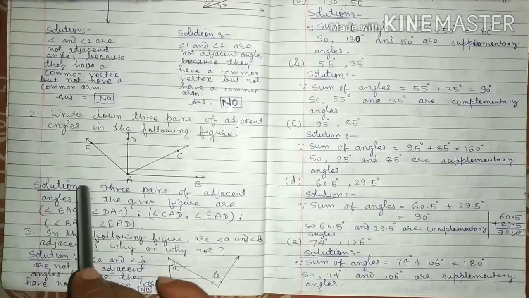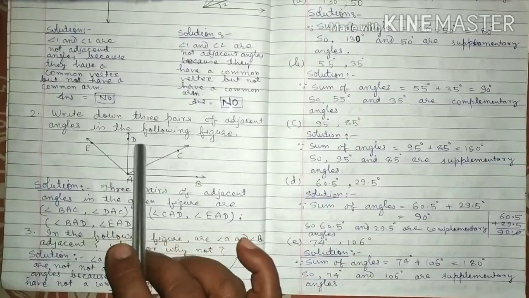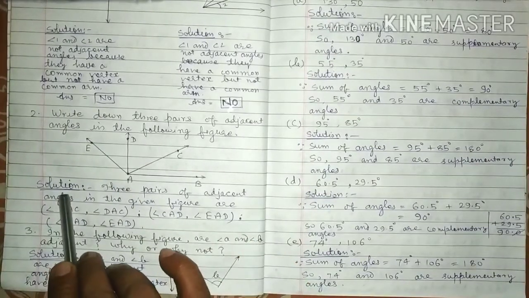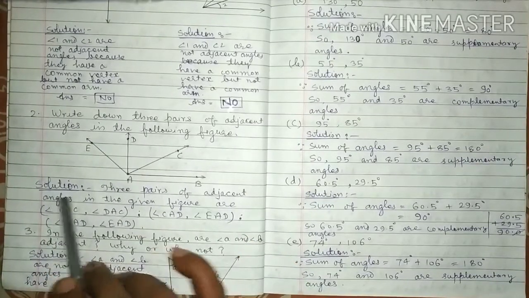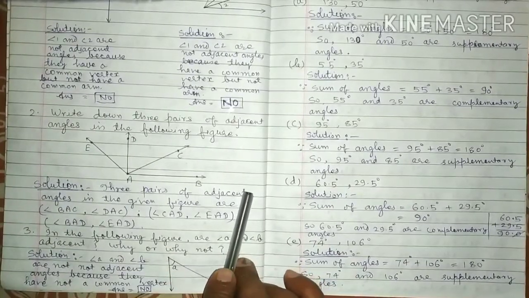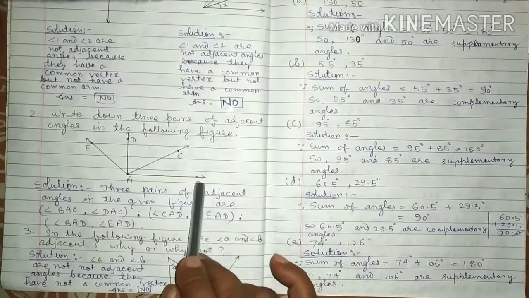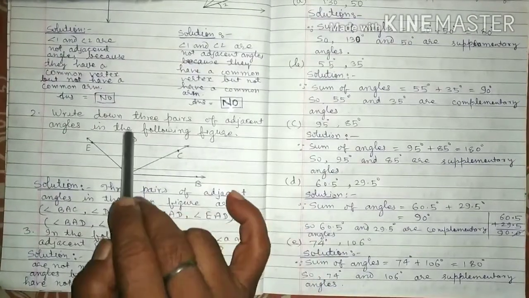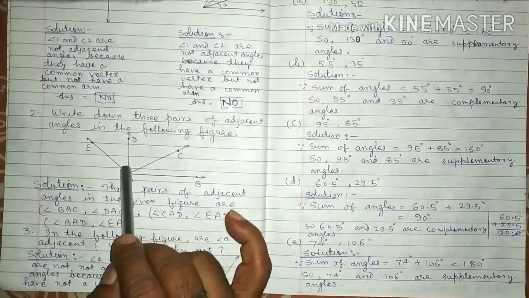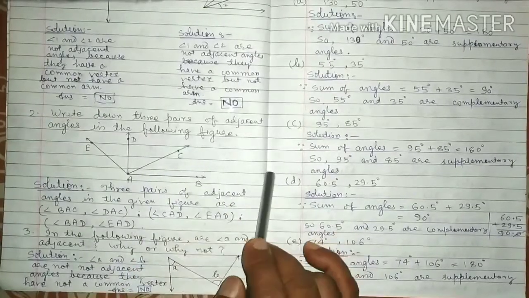Question number 2. Write down 3 pairs of adjacent angles in the following figure. For the solution of this question, we get 3 pairs of adjacent angles in this given figure are angle BAC, angle DAC because A is common vertex and AC is common arm.